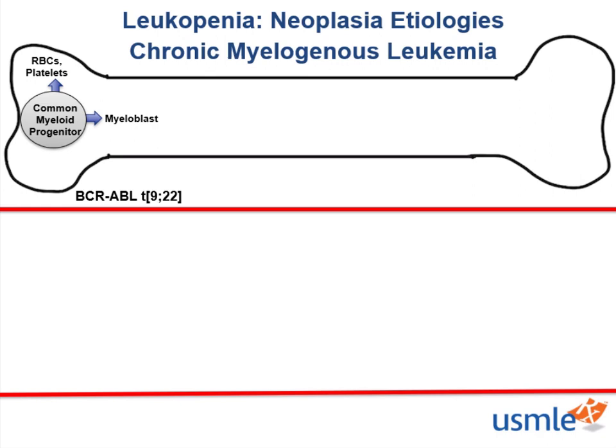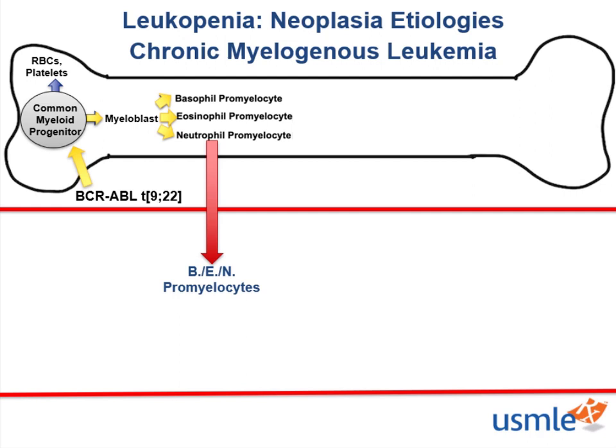The mutant BCR-ABL is in the common myeloid progenitor cell and myeloblast, along with the subsequent white blood cell lines. Specifically, basophil, eosinophil, and neutrophil promyelocytes, which are produced at a high rate and spill over into the blood.